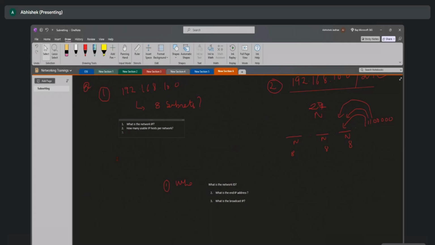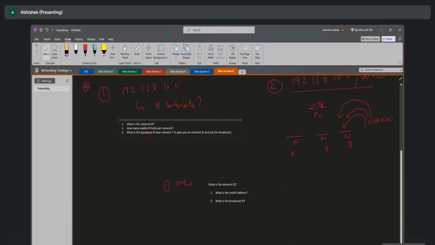And what is the broadcast IP per network? They might ask you per network, or they might give you a network ID and ask for the broadcast. So that's how it actually works.